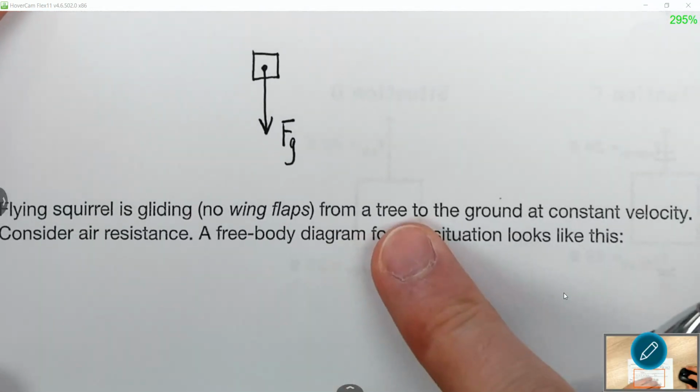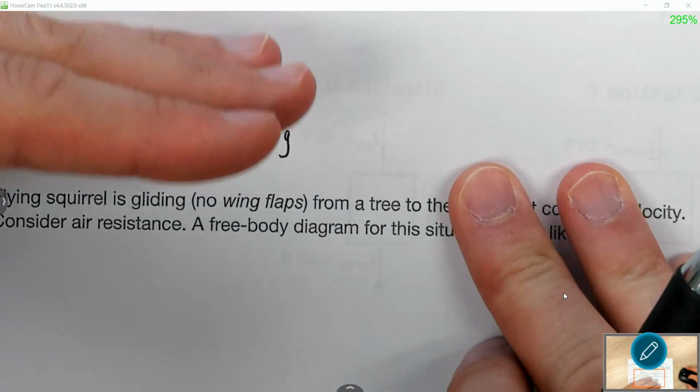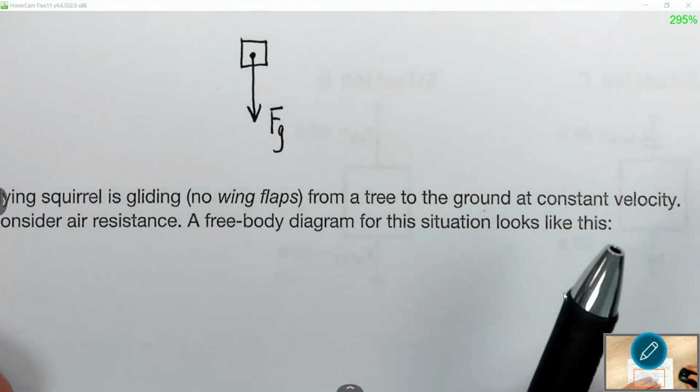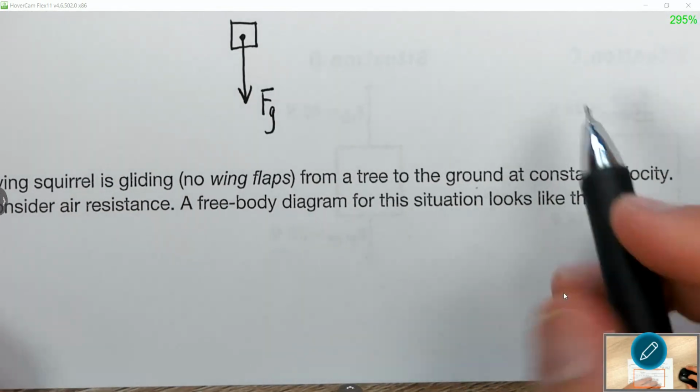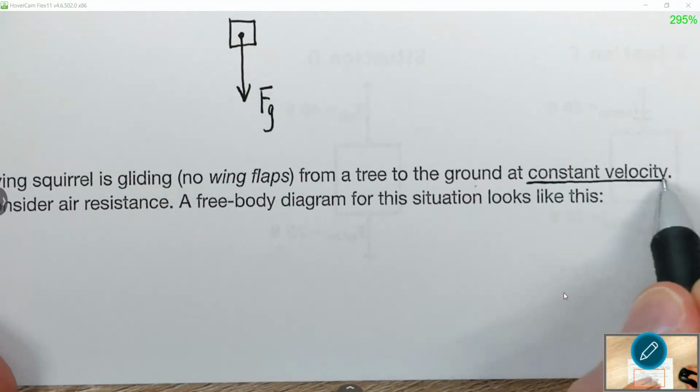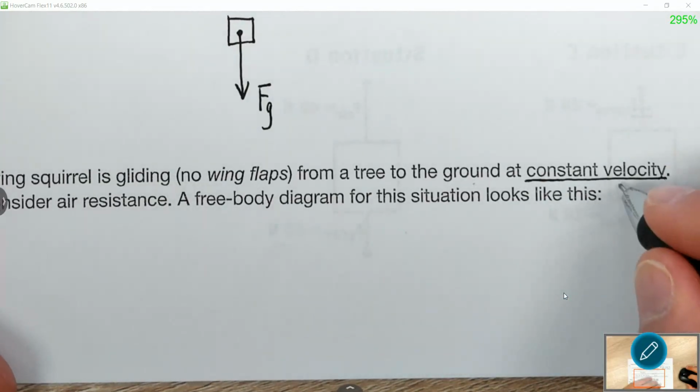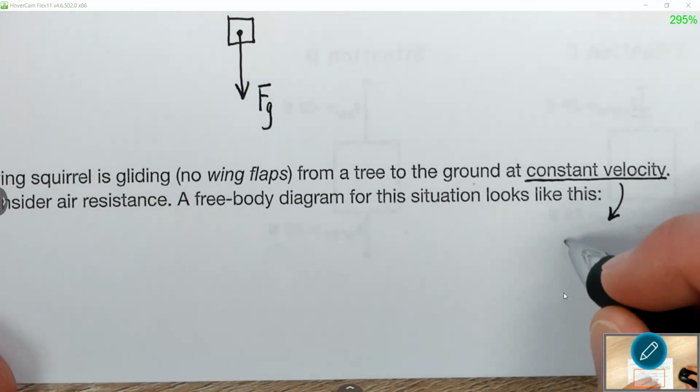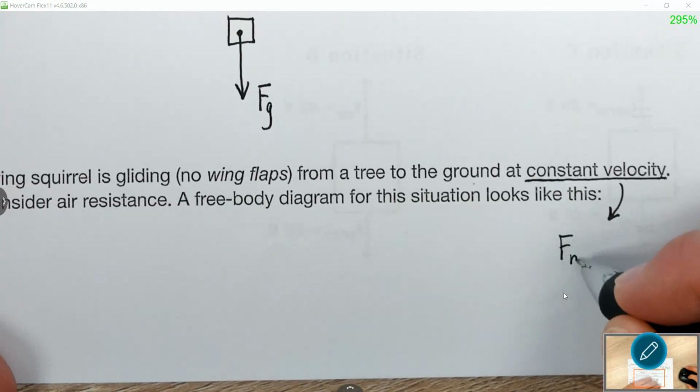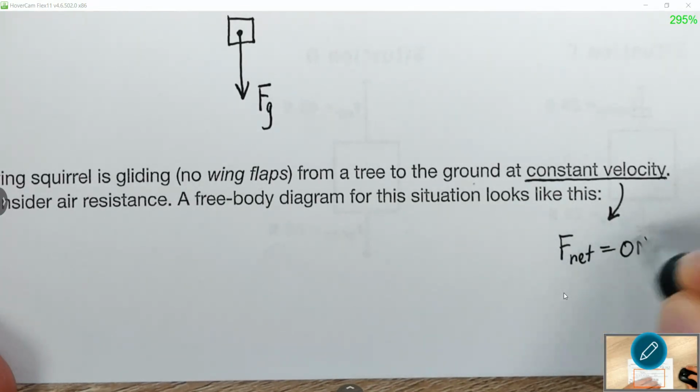This one, a flying squirrel, basically is just going to fall, swoop to the ground. And key phrasing here is constant velocity. Constant velocity, just like at rest, means the net force is going to equal 0.